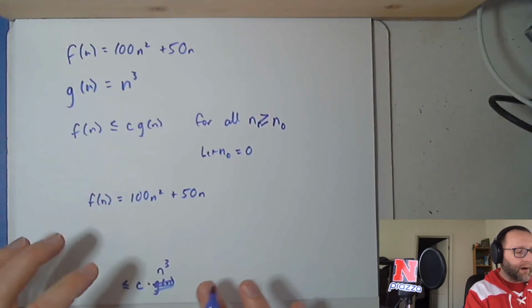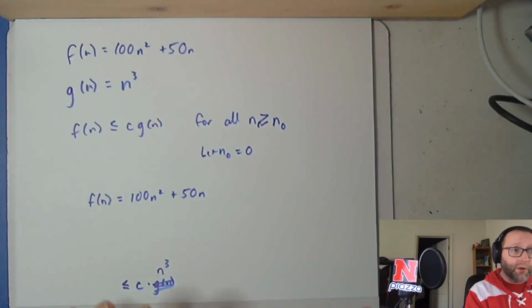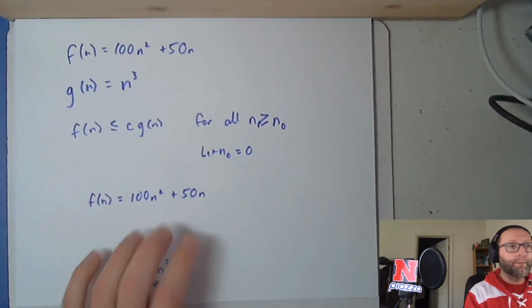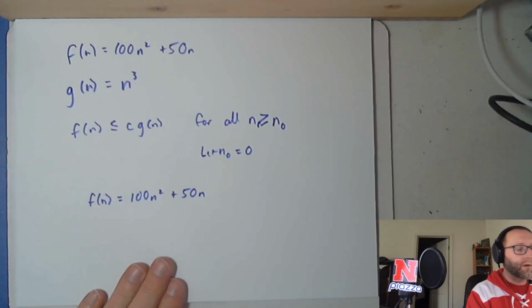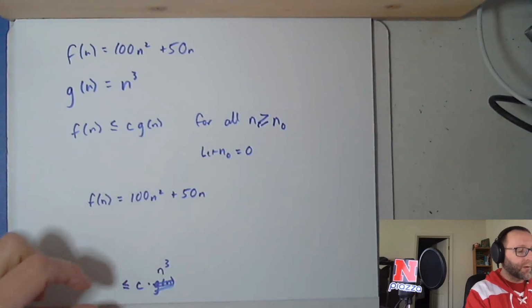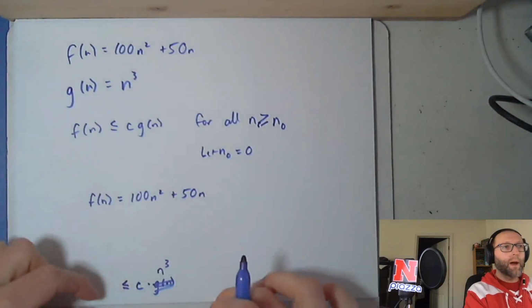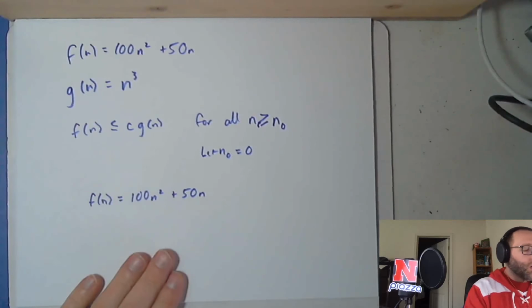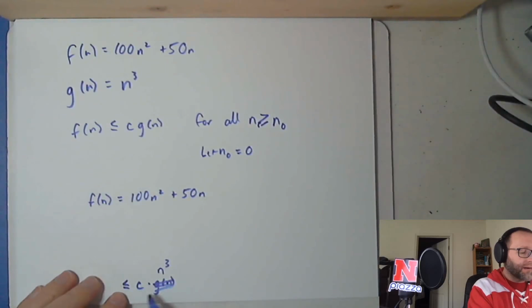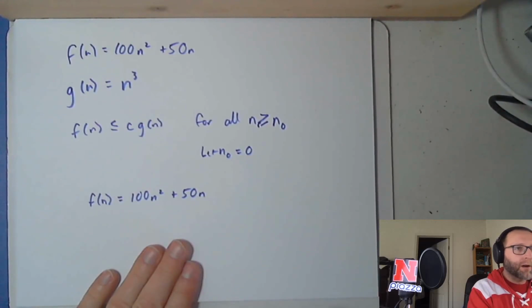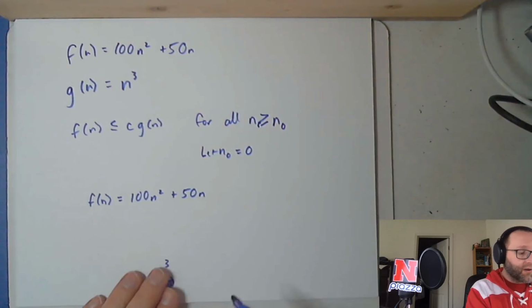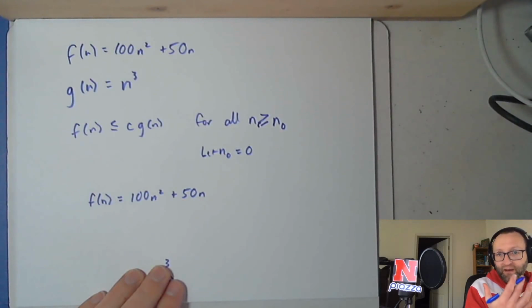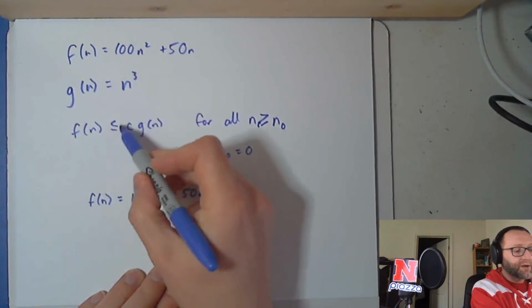Well, it's not that apparent at first, but what I can do is make this thing bigger. So this is my goal. This is where I want to end up. So let's go ahead and ignore that for now, but I usually like to write them down because I want to know what I'm working towards, right? Well, I'm trying to make this bigger. Again, this is an inequality. As long as I can make this bigger and bigger and bigger until it looks like something like this, and as long as the inequalities are all true, then I've established this relationship up here.